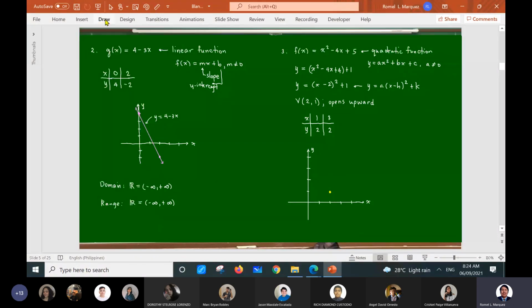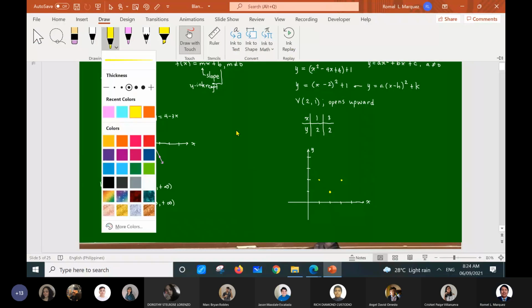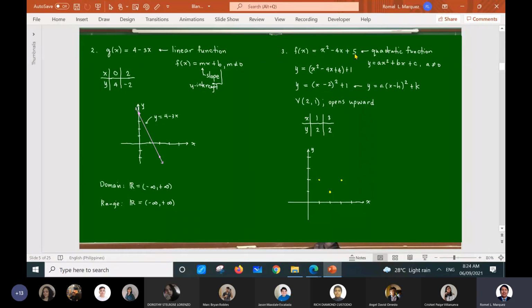So, thicker. So, we have 1, 2, 1, 2. And then 3, same, no? Same height. So, then we're going to draw now. When x is 0, we have 5. So, somewhere there. So, the graph goes from here, going upward. Okay, guys?